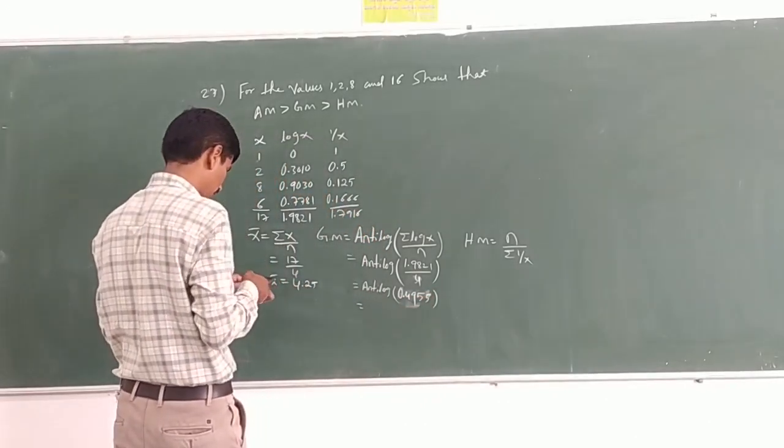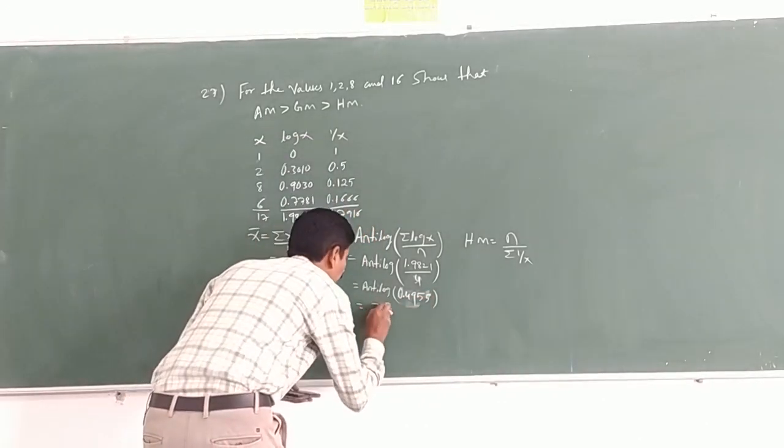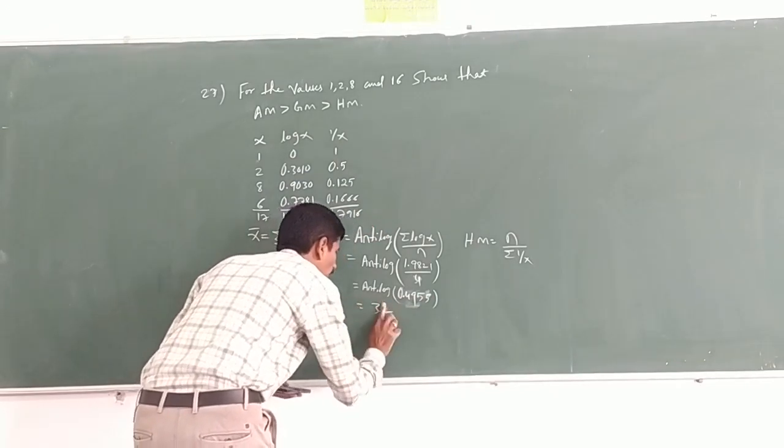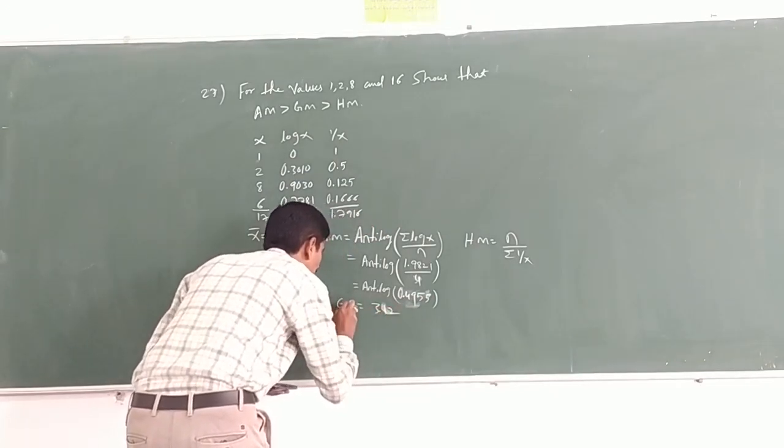Antilog of this is 3.12. Here GM equal to 3.12.